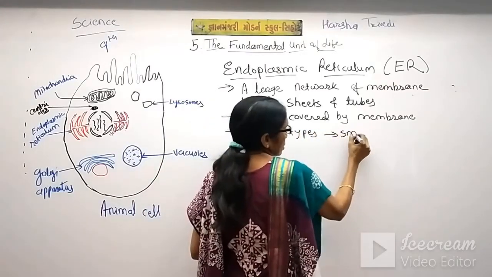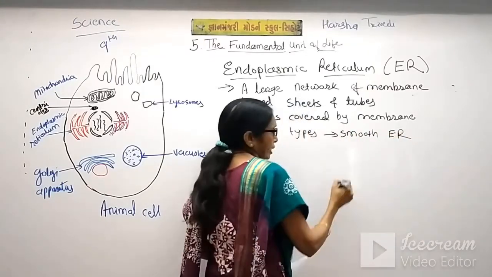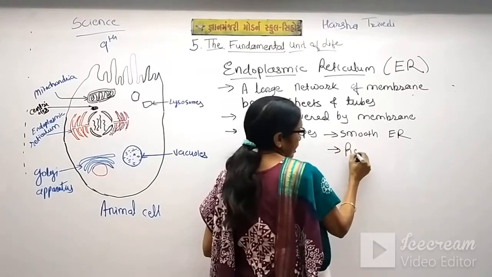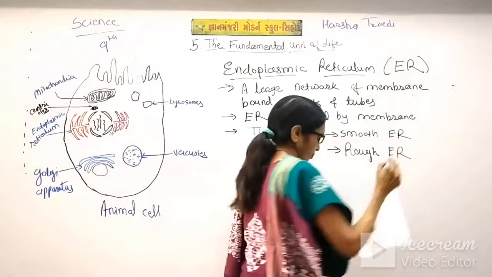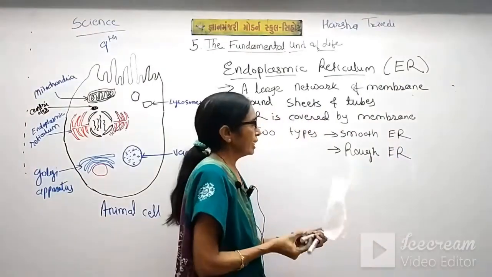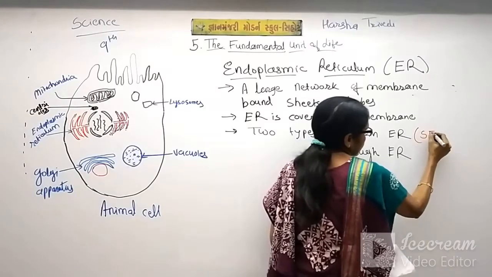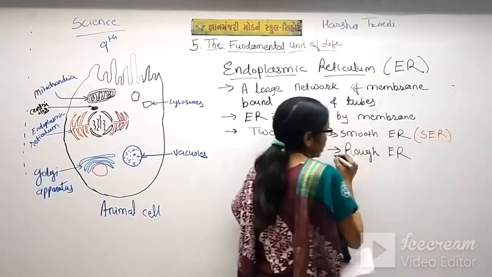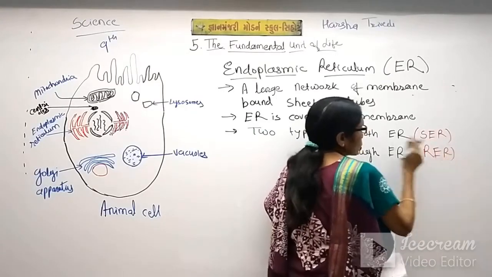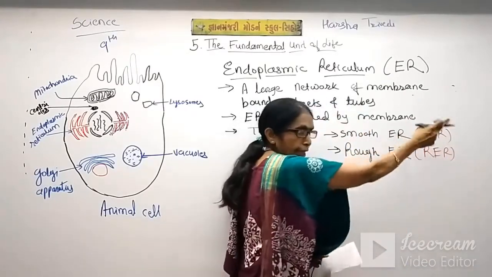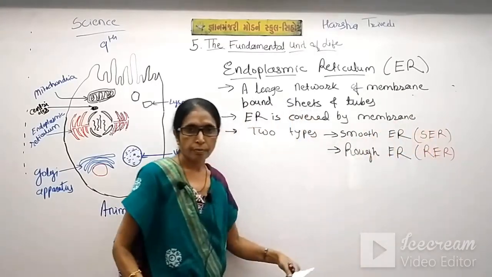Smooth ER and rough ER. Smooth ER is written as SER and rough ER as RER. That means smooth endoplasmic reticulum and rough endoplasmic reticulum.